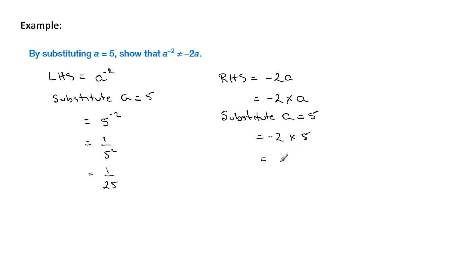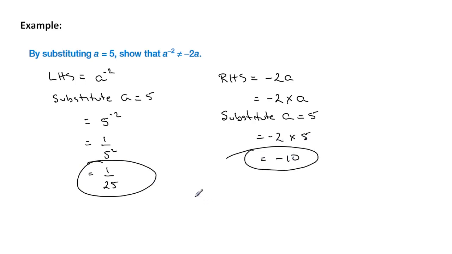And minus 2 times 5 is minus 10. So you can see the difference in the left-hand side and the right-hand side. And therefore we can say a to the minus 2 is not equal to minus 2a.